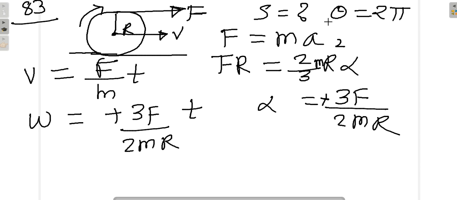At the same time, you can eliminate time from this and get the relationship between v and omega. So that also can be done. But let us try.